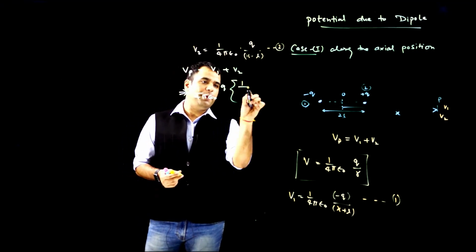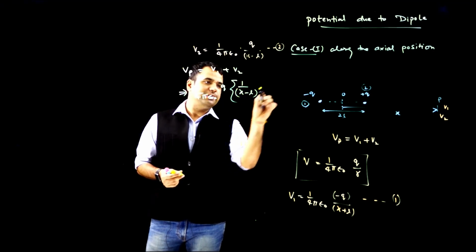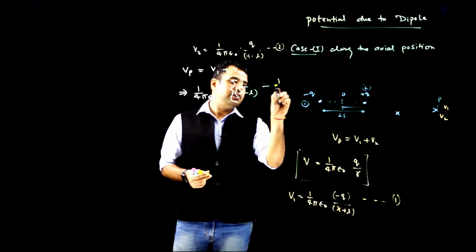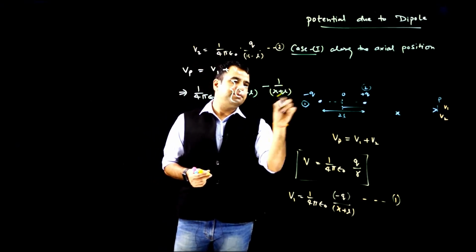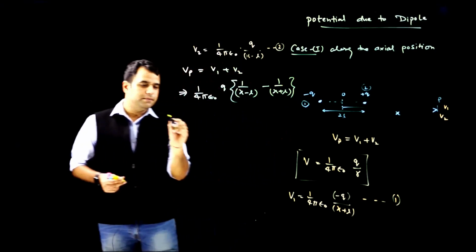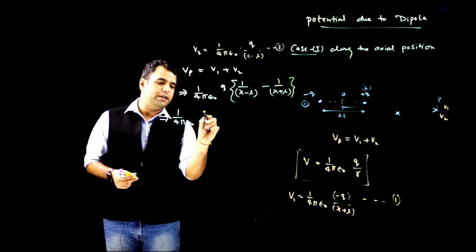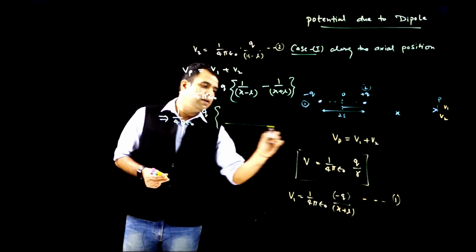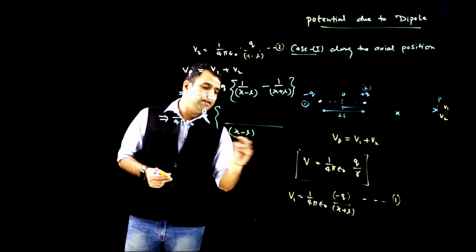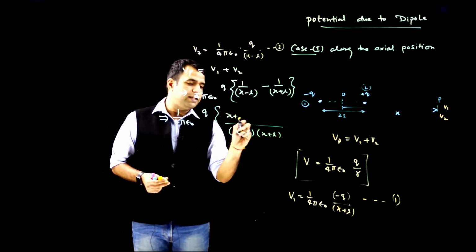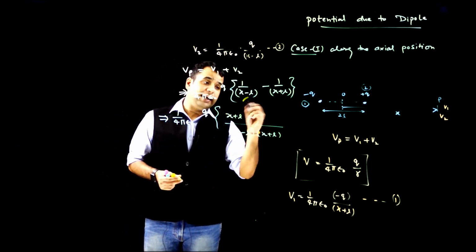The remaining will be 1 upon x minus L, and the minus because there is a negative sign with the charge, so x plus L. Okay, so let's do the calculation. So 1 upon 4 pi epsilon naught q times, with the common denominator x minus L, x plus L, here it will go x plus L minus of x minus L.